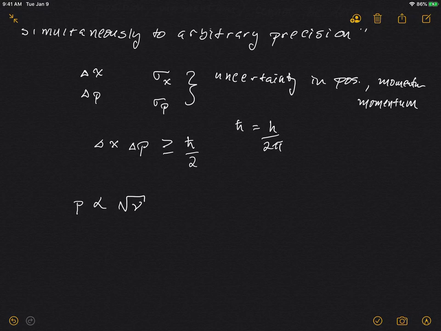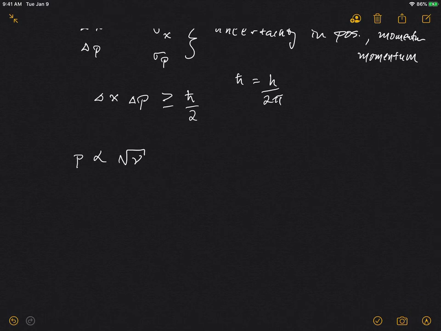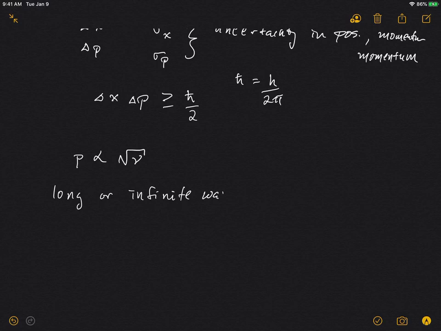And if we have a very long wave, or perhaps an infinite wave that we're just looking at a piece of, it's going to have a lot of peaks and troughs, a lot of peaks and valleys, right?